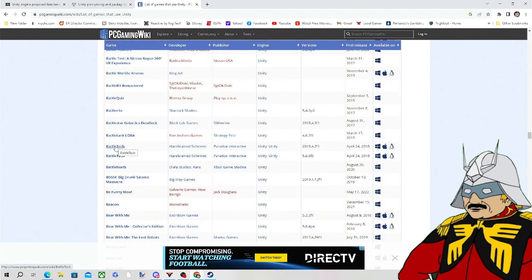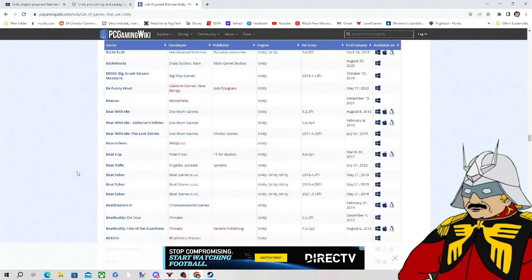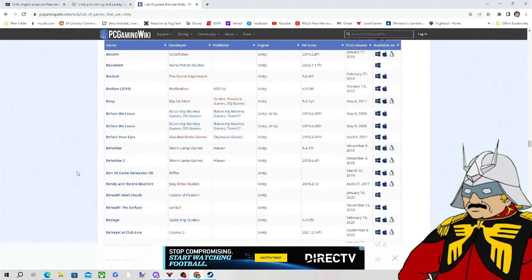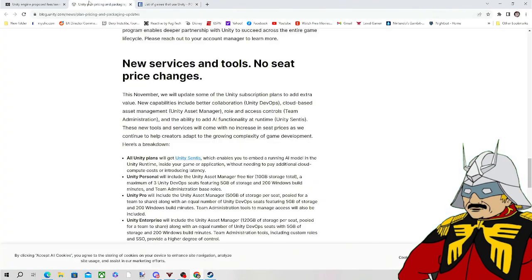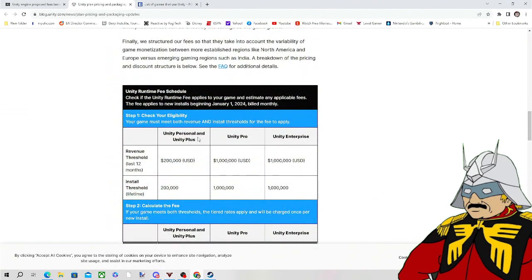Which is kind of sad, though, because even the new Battletoads game uses the Unity engine. And imagine, they'll be charging a fee for every person who downloads this game, like 21 cents if you use the Unity Personal, Unity Plus service.